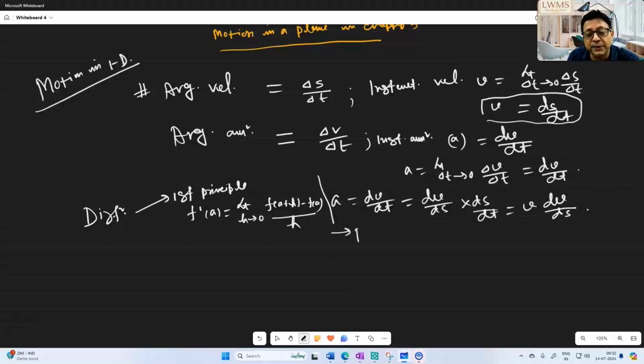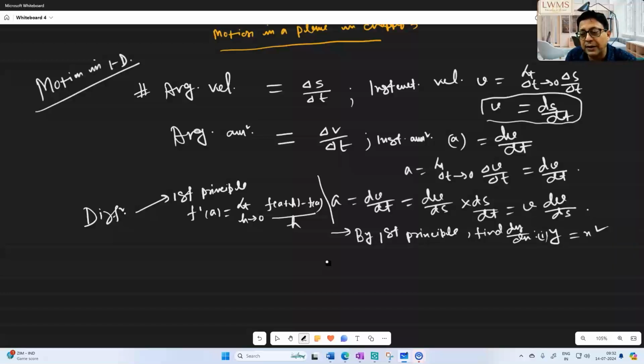By first principle, find the derivative of... you all have done this. I just remind you, by first principle, find dy by dx when y equals, say, something like x square, something like y equals x minus 1 by x plus 1.